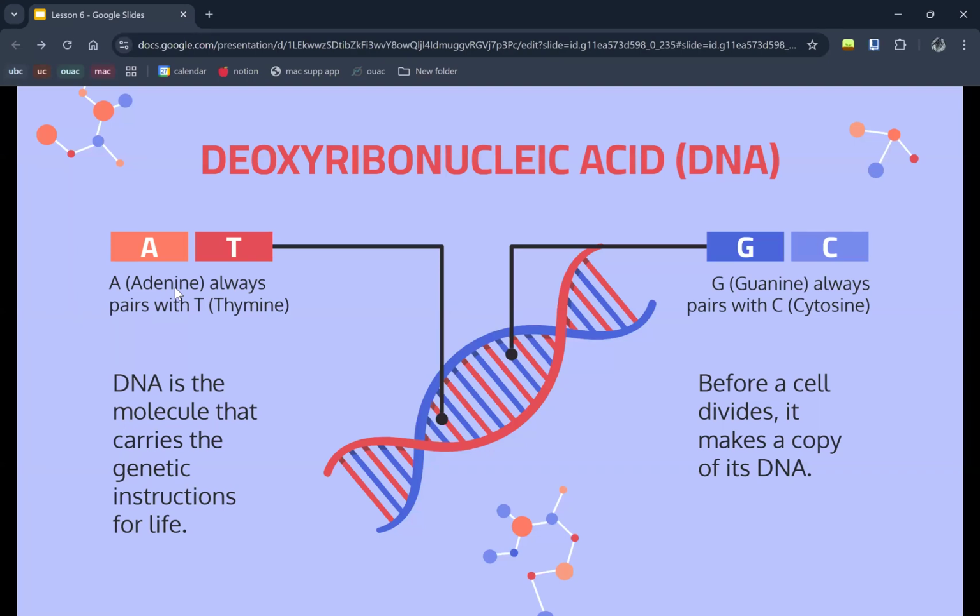And there are rules of base pairing, which means A will always be paired with T, and C will always be paired with G. You can see in this diagram here, all the red ones are composed of A and T together, and all the blue ones are composed of G and C together. Before a cell divides, it will make a copy of its DNA so that each new cell gets a complete set of instructions.